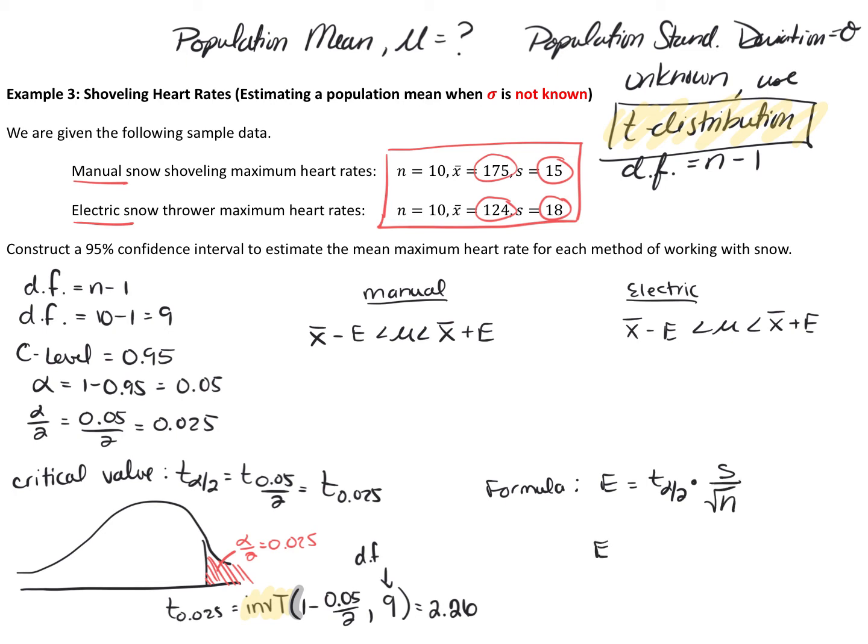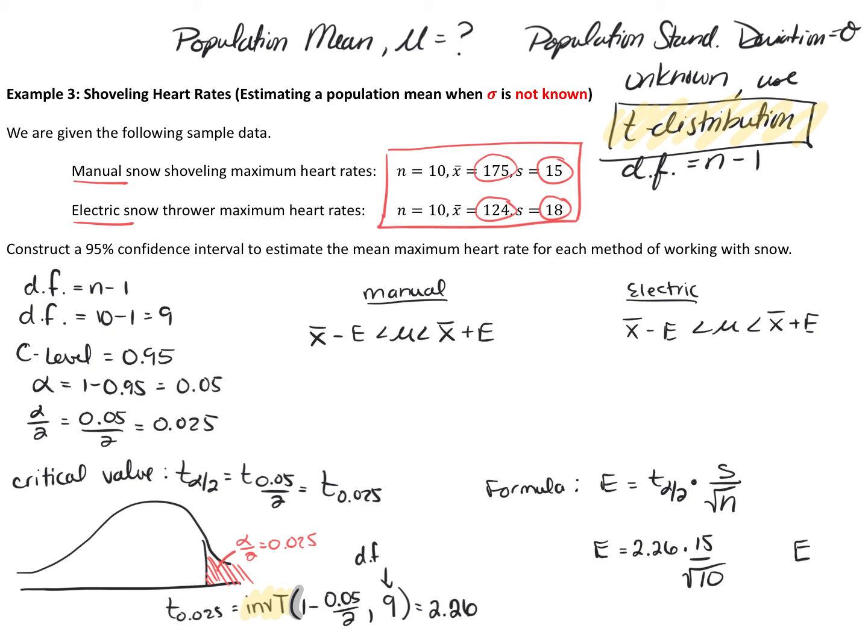So here, I have to do it for each method. On the left here, I'll do the manual method, and on the right, I'll do it for the electric method. So our critical value is 2.26. For the manual method, that sample standard deviation is 15, so 15 divided by square root of 10.